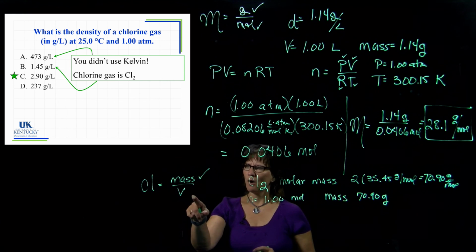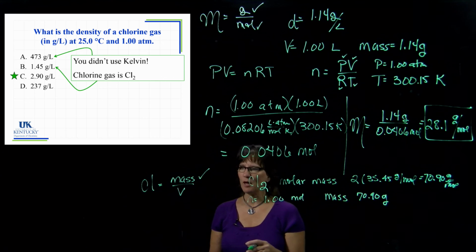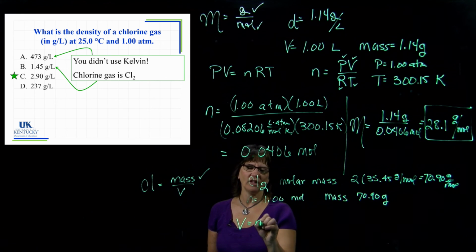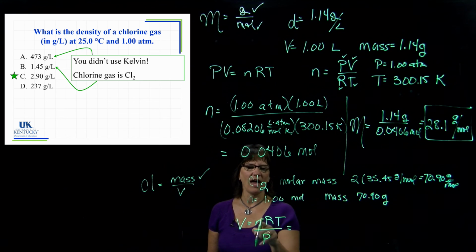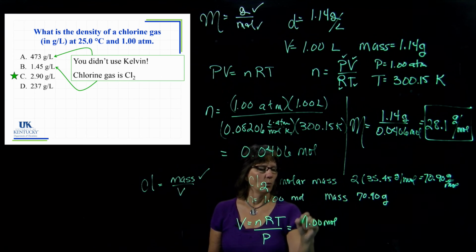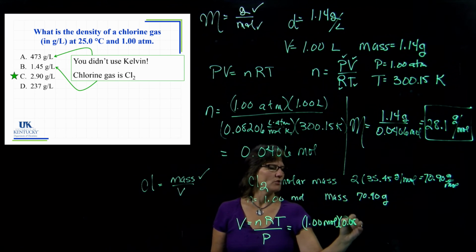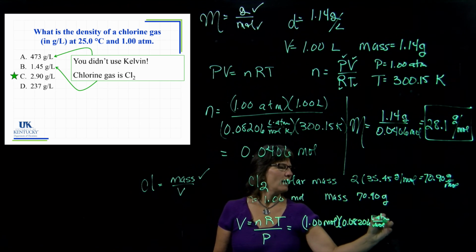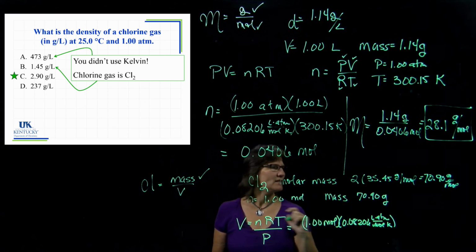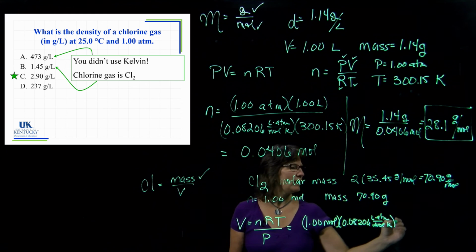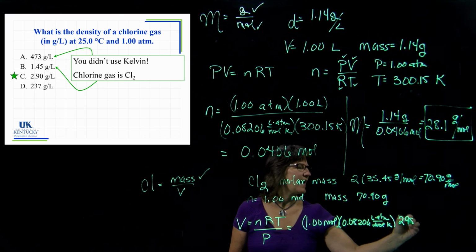To get the bottom part of this equation, I'm going to use PV equals nRT and solve for V. So V equals nRT over P. And I start looking for all of that information. n is 1. We know R, 0.08206. See that Kelvin there? It reminds me I need my temperature in Kelvin. 25.0 degrees is 298.